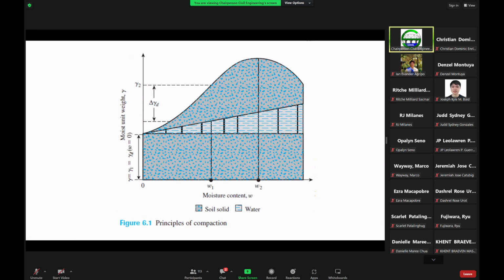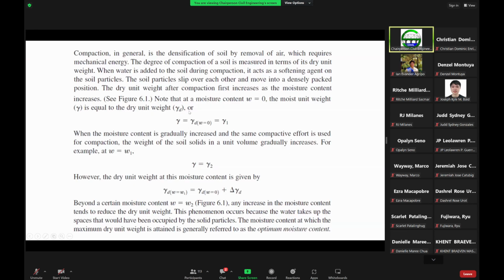Now, when you say moist, that means there's some level of moisture there. But if the moisture content is 0, then the moist unit weight at this level, that's gamma sub 1, will be equal to the dry unit weight at a moisture content equal to 0. So that's this point here.